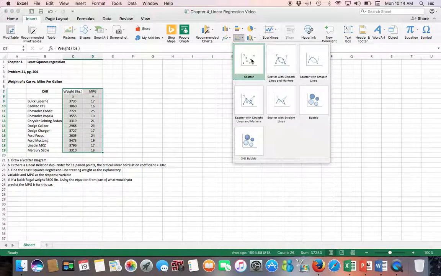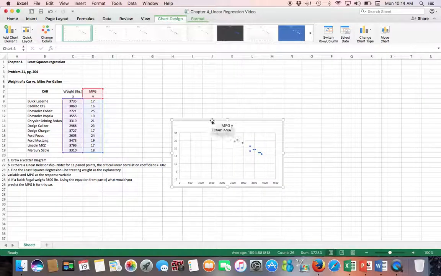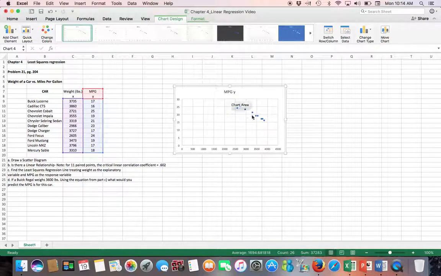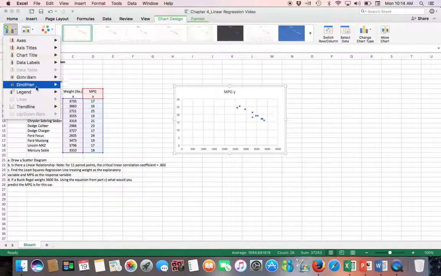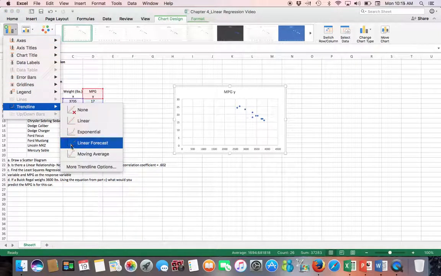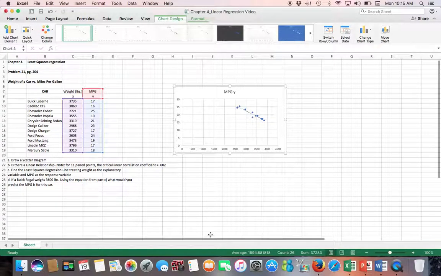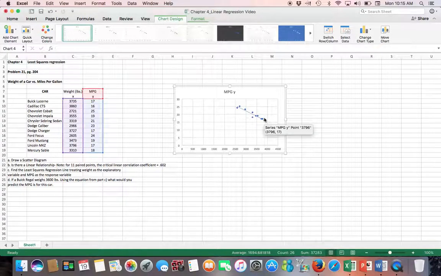We click Scatter, and it plots the 11 ordered pairs of points. You can go to Add Chart Element if you like, click the arrow, hit Trend Line, hit Linear, and you can see that it looks like we have a negative linear relationship.